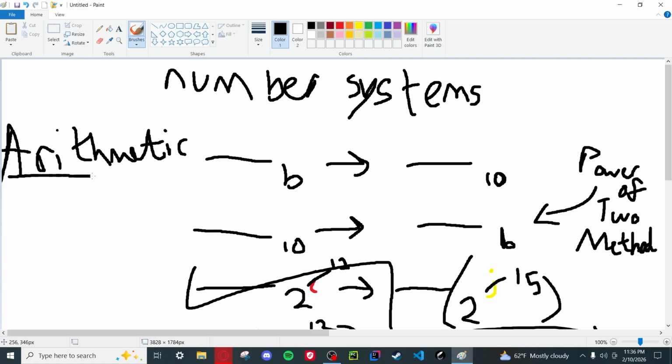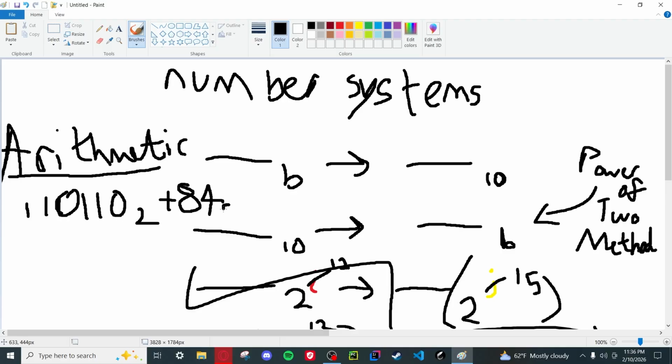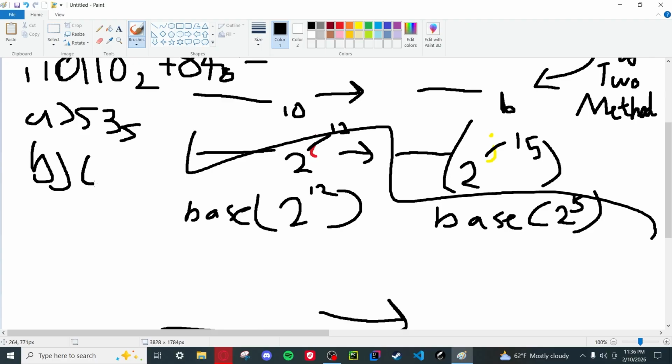But arithmetic is important. You might see a problem like 110 base 2 plus 84 base 8, and then they want that output. They'll give you A, it's 53 in base 5. B, it's 62 in base 7. C, it's 148.